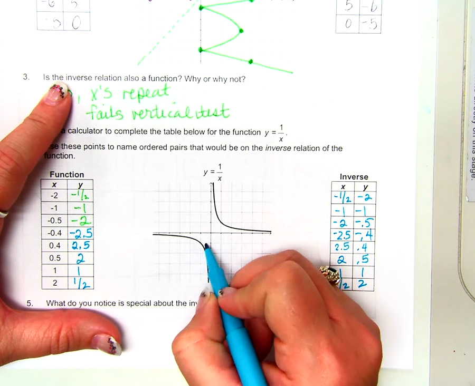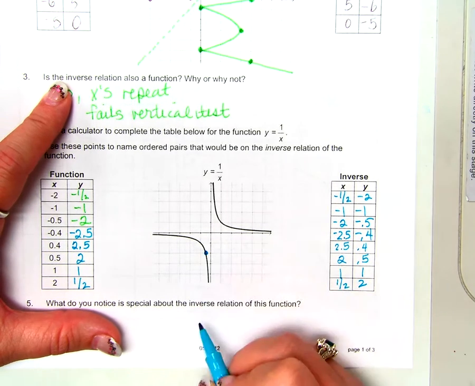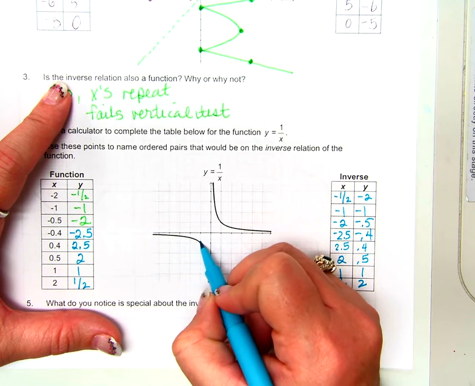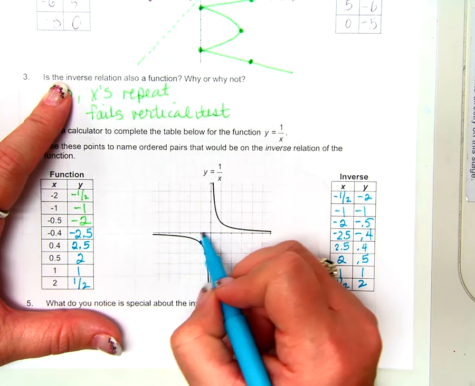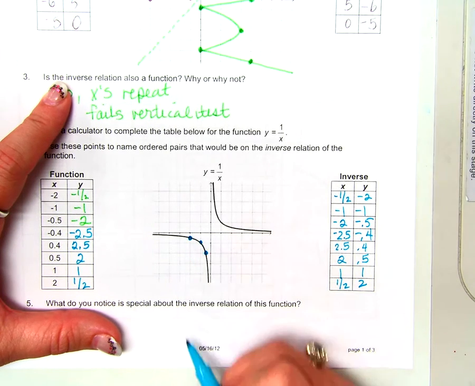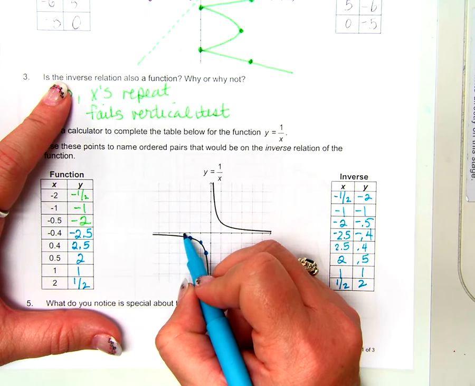Negative half, negative 2, negative 1, negative 1, negative 2, negative a half, negative 2 and a half, negative a fourth.